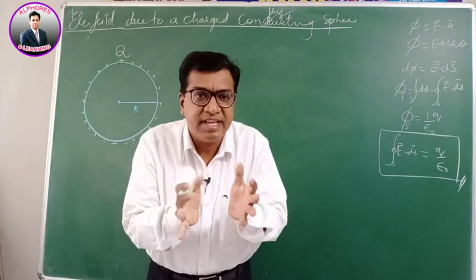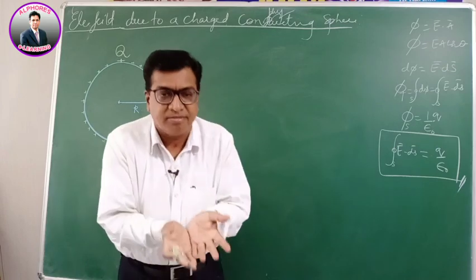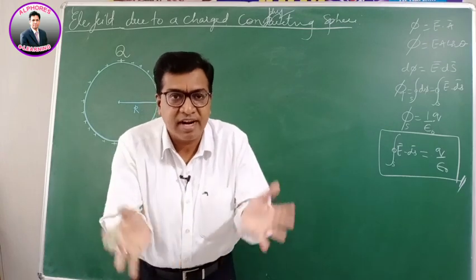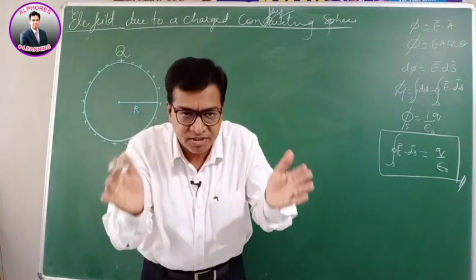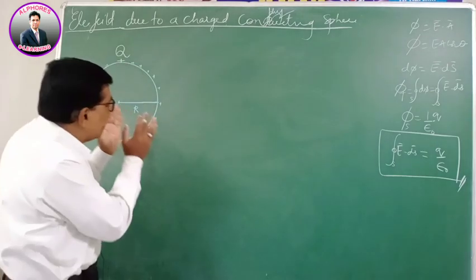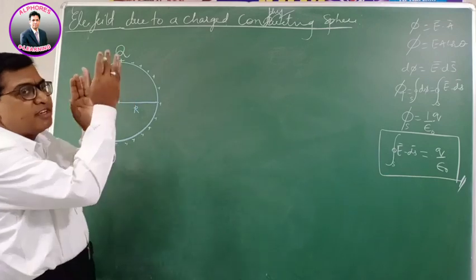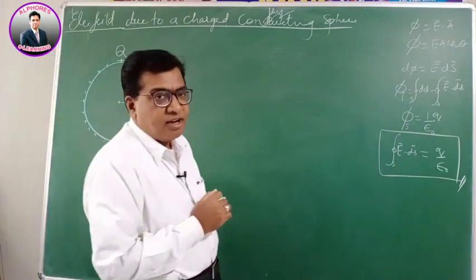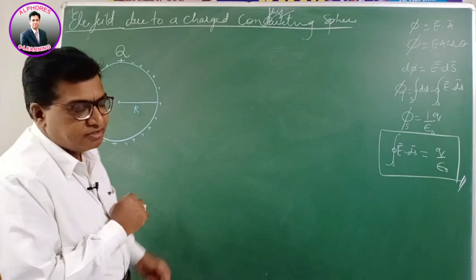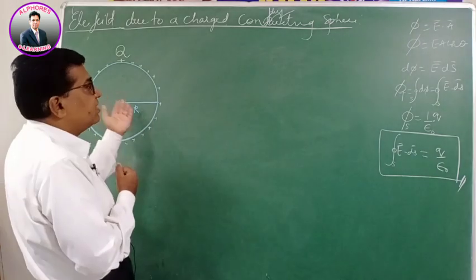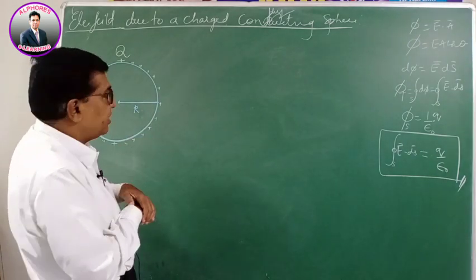So even for a non-conducting sphere, charge given resides on the surface. So our charged conducting solid sphere is similar to a charged hollow spherical shell.